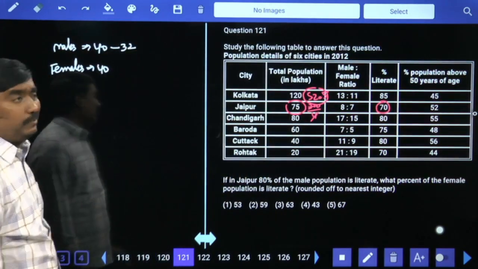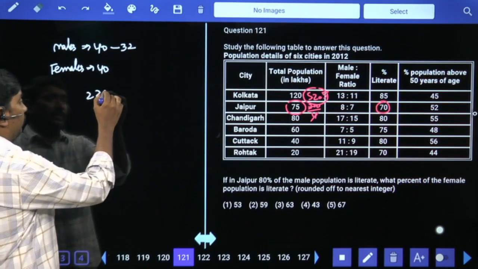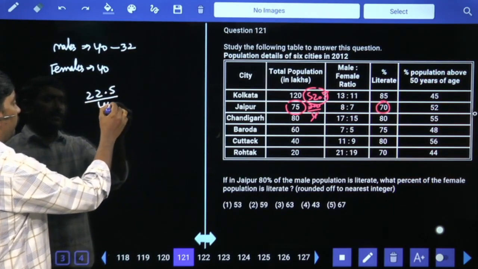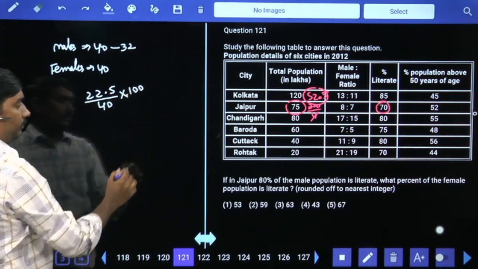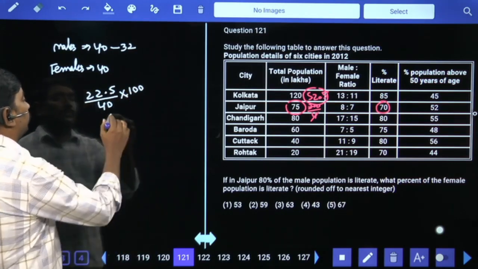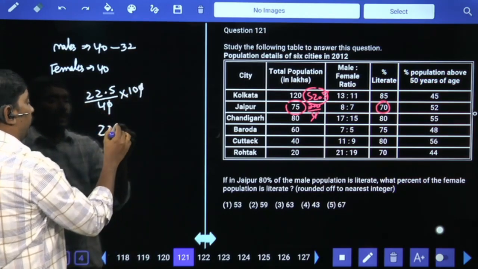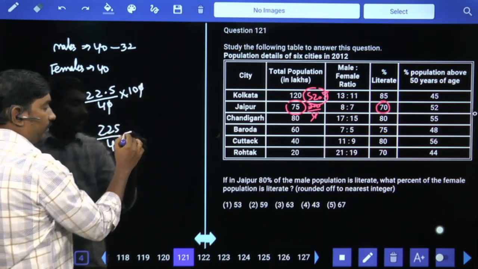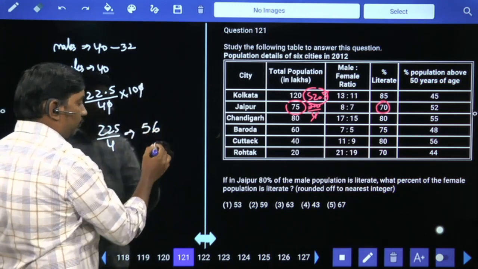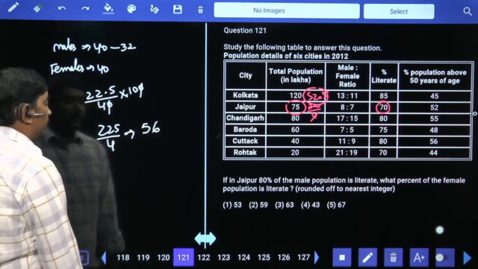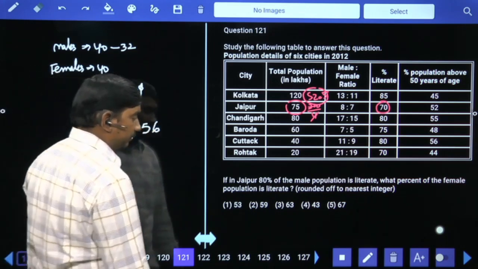So remaining 22.5 are from female. So 22.5 is what percent of 40? 225 by 4, 4 5s are 20, 4 6s are 24. 56 point something.